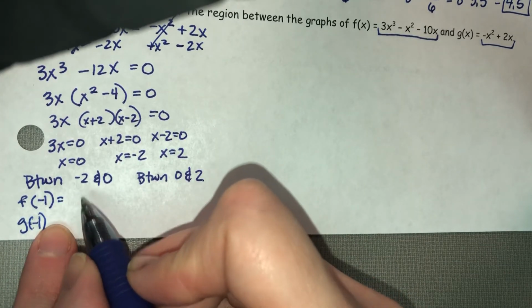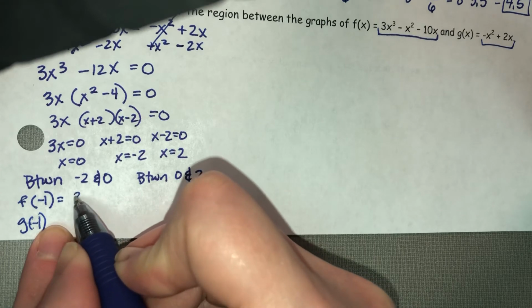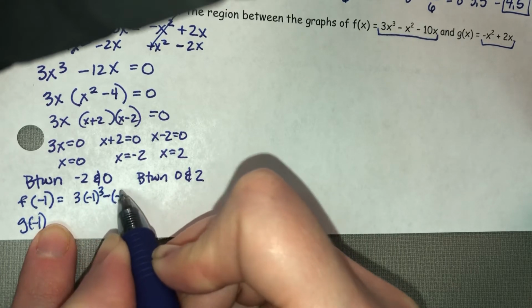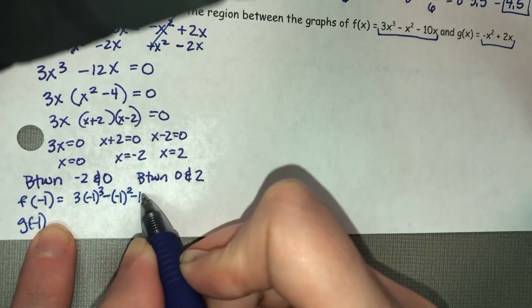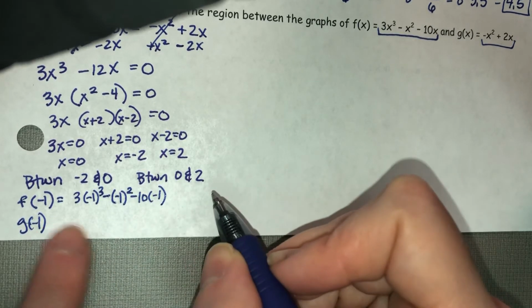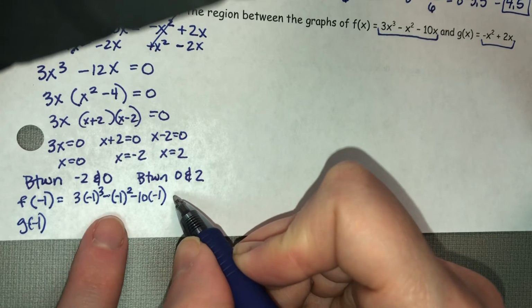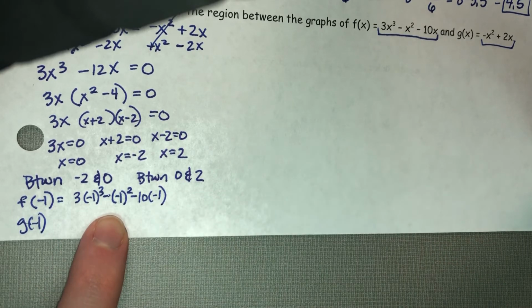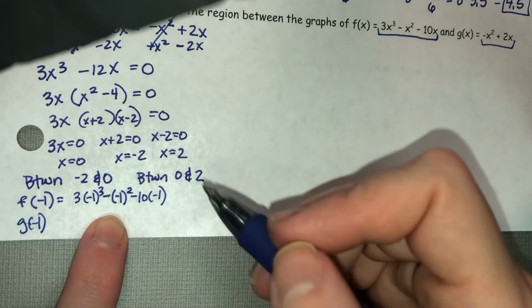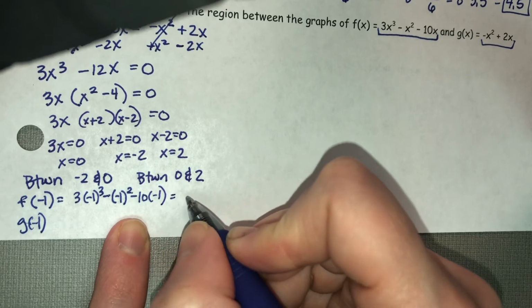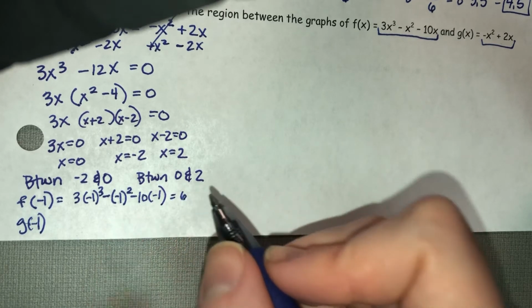So if I do f of -1, I have 3 times -1 cubed minus -1 squared minus 10 times -1. So that's -3 minus 1, which makes -4, plus 10, which is equal to 6.